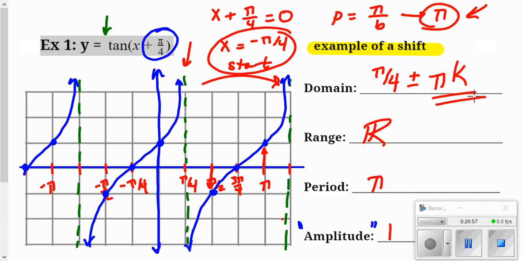This way of writing it maybe is uncomfortable to you, but you could write it in English. You could say pi over 4, and then like what I'm saying right now, you could literally write this, quote, asymptote at pi over 4, and then more asymptotes every pi units later, end quote. You could write that in English. Okay, so if this is uncomfortable for you, feel free to express yourself using the English language.